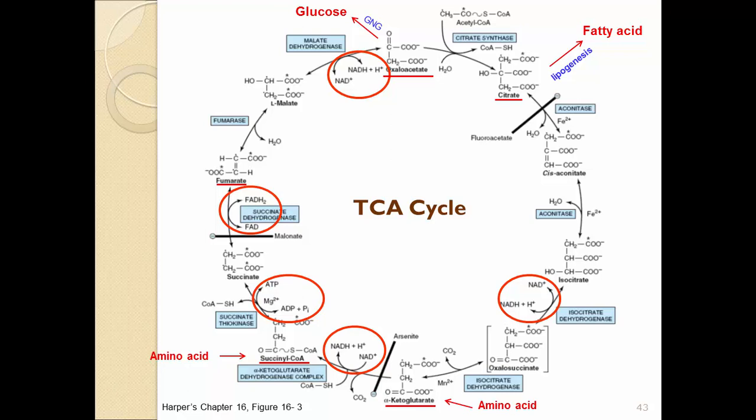Amino acids can also enter the TCA cycle for oxidation and also for conversion to glucose, which we're going to talk about later. The TCA cycle also participates in gluconeogenesis, right? When amino acids are used as precursors, part of the TCA cycle is actually part of gluconeogenesis.